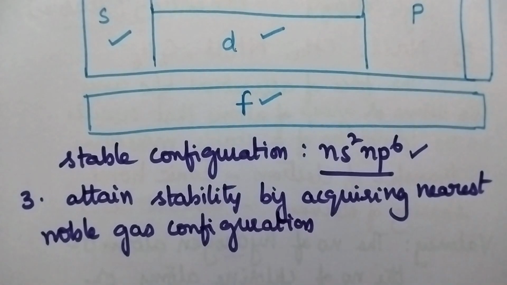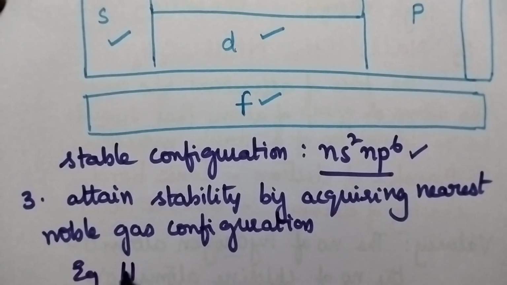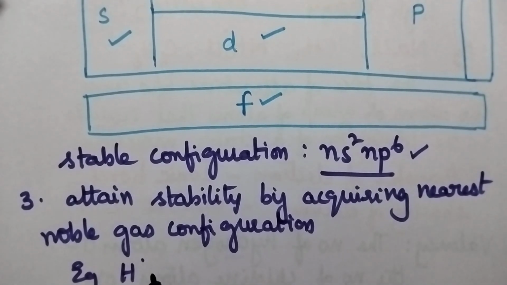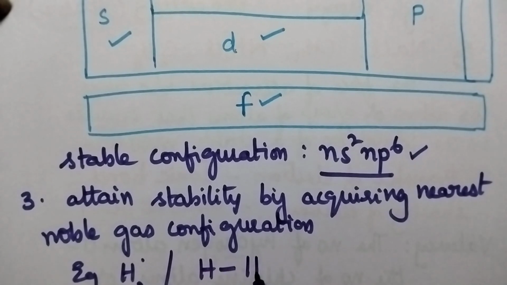So except noble gases, all the atoms will try to attain stability by acquiring the nearest noble gas configuration. For example, if we consider hydrogen, it consists of only one electron, but due to the formation of chemical bonding, that means if we consider a hydrogen molecule, a chemical bond is formed between the two hydrogen atoms.